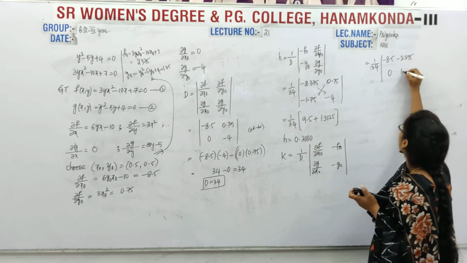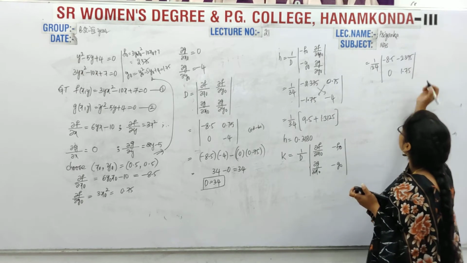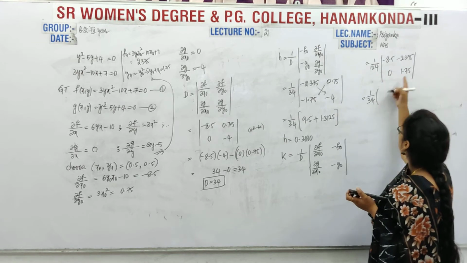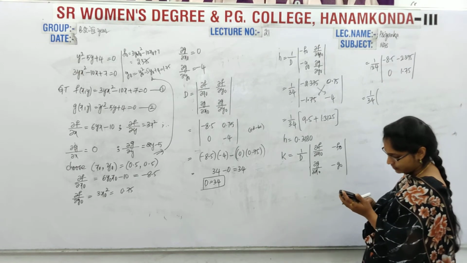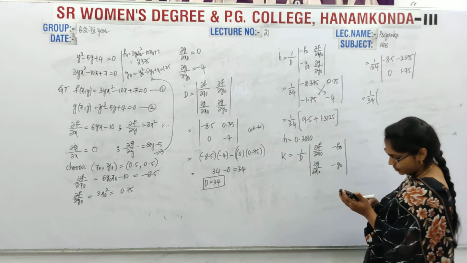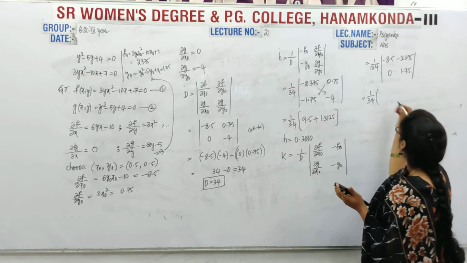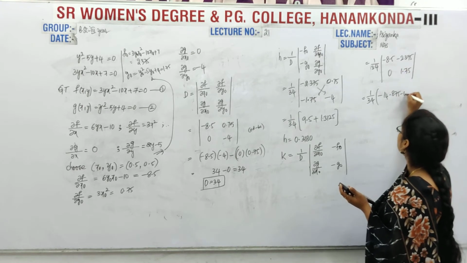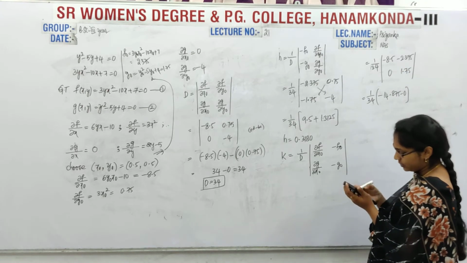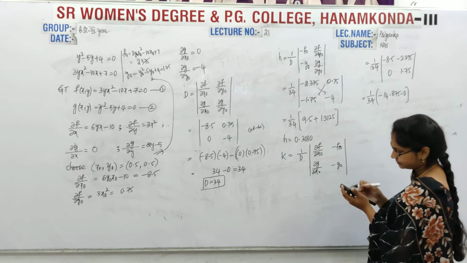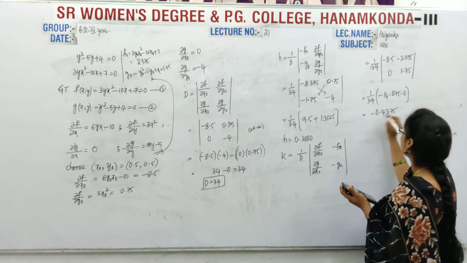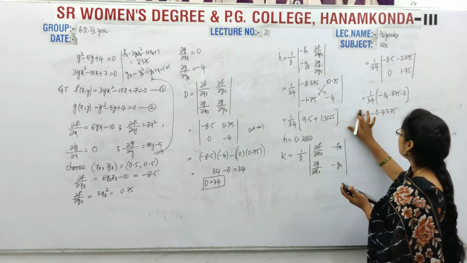Next 1.75. Now 1 by 34 of minus 8.5 into 1.75 minus 14.875, divided by 34. What we get here is minus 0.4375. This is the value of K.